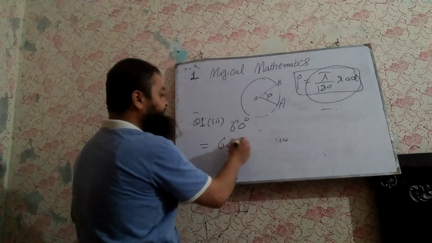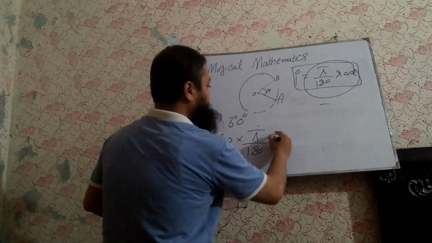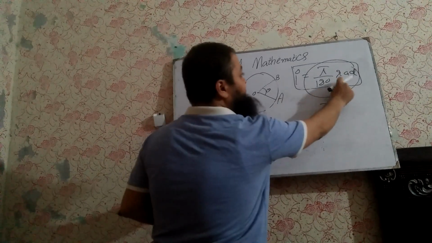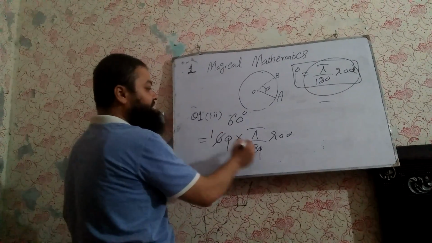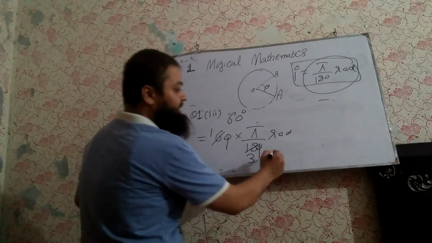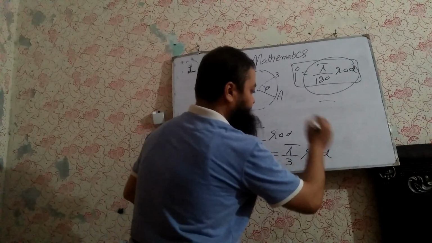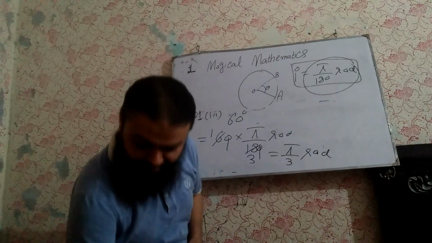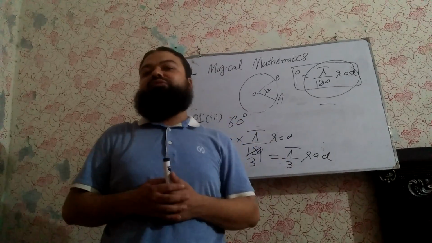What will you do? 60 multiplied by pi by 180 radian. This is the concept. And 0 will be cancelled with this 0. 6 ones are 6, 6 threes are 18, and the last answer is pi by 3 radian. In this way, you will solve the first 9 parts of exercise 9.1.